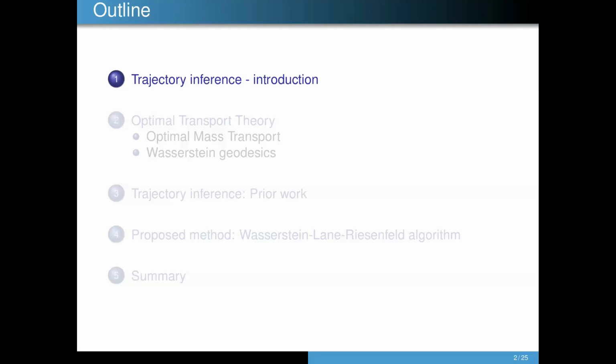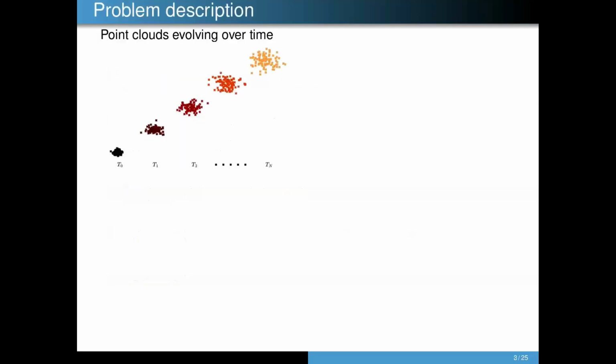Okay, so let me talk about the introduction and the type of problem we're trying to solve. So basically what you should think about is point clouds evolving over time. So in every time step, so the time axis is at the bottom, so T0 until Tn, in every discrete time step, you observe a different point cloud.